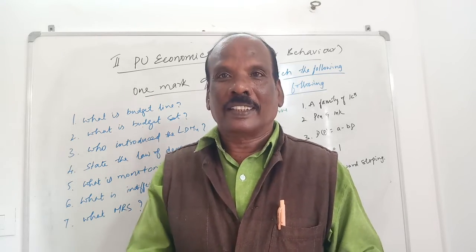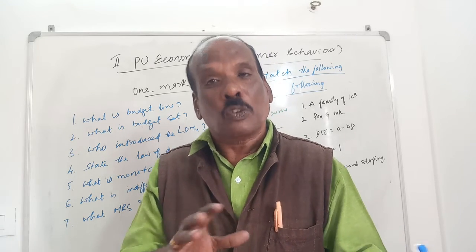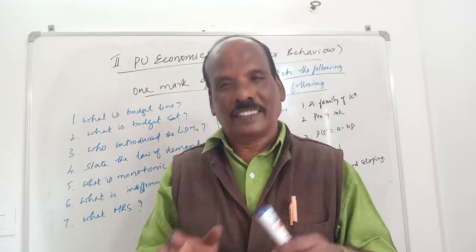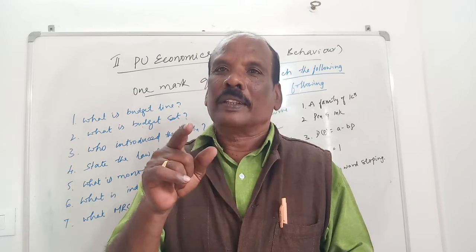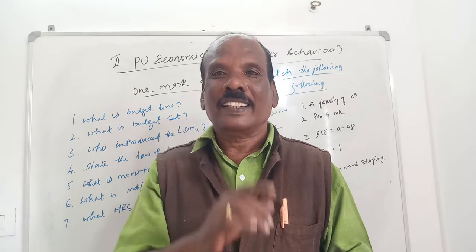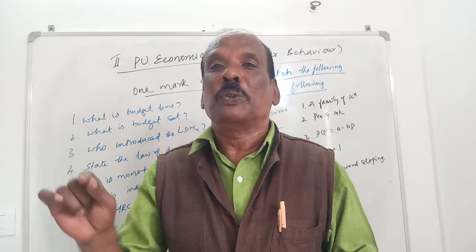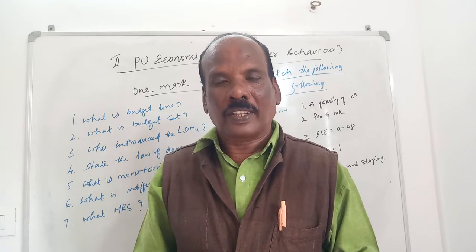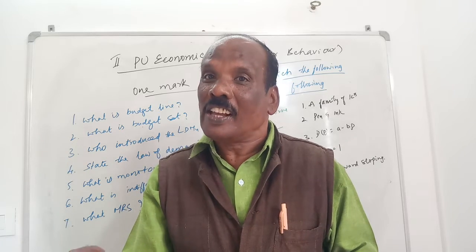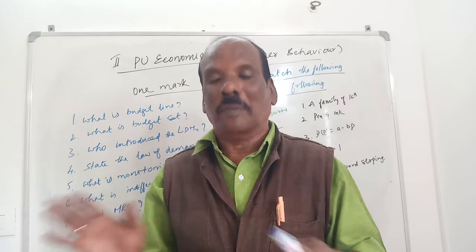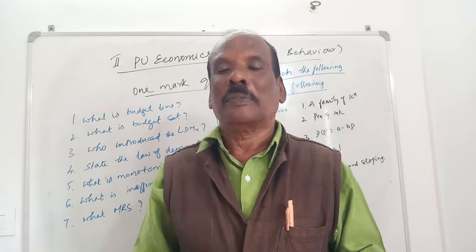In the budget set, the cost of these combinations may be equal to or lesser than the income. So the formula of budget line is M = P1x1 + P2x2, whereas for the budget set, P1x1 + P2x2 is lesser than or equal to M, where M indicates the income of the consumer.